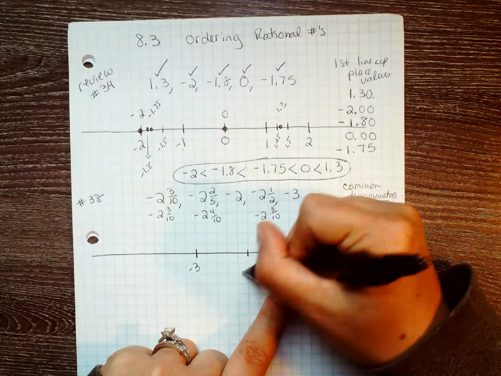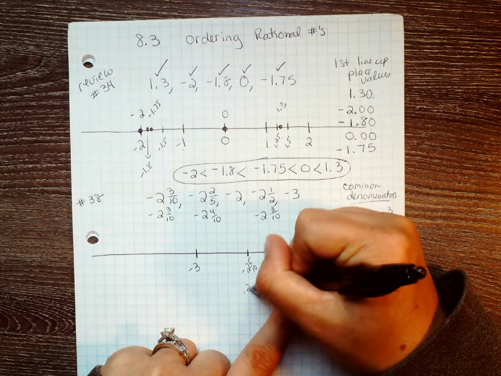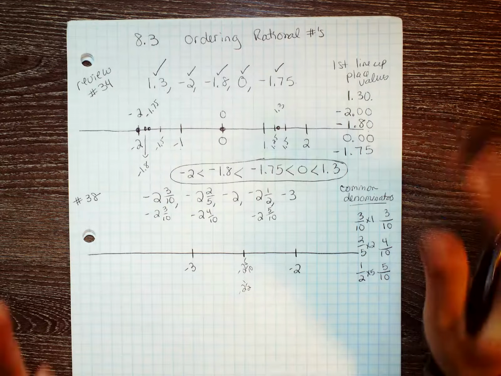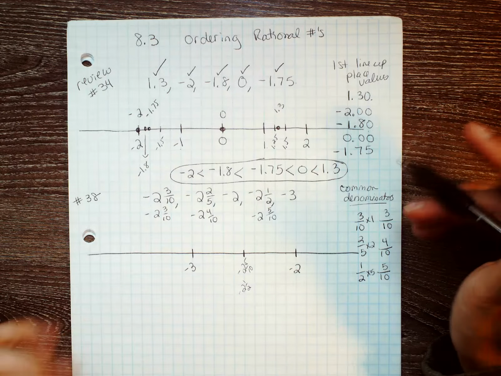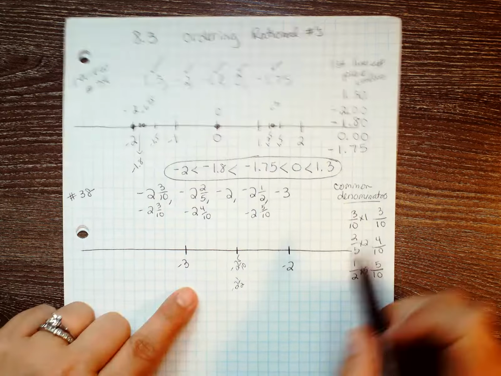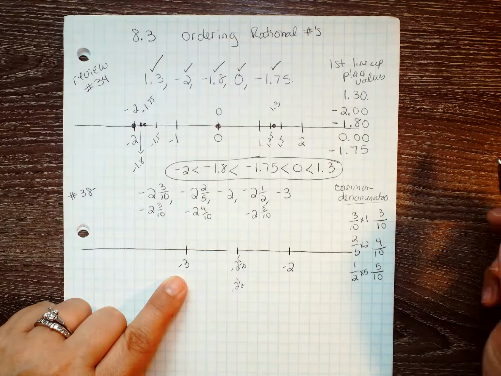So this should be -2 and 5/10, which is really -2.5. Now, technically, you really should start with 0, but because it's something like this, it's okay to do this, as long as you know your -3 is furthest to the left, and as long as you have all your intervals the same.